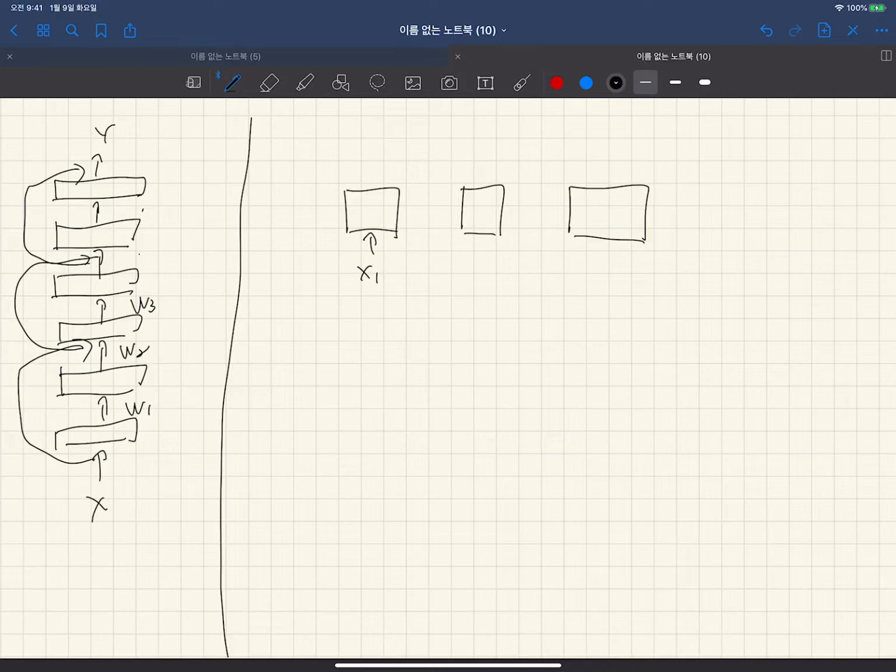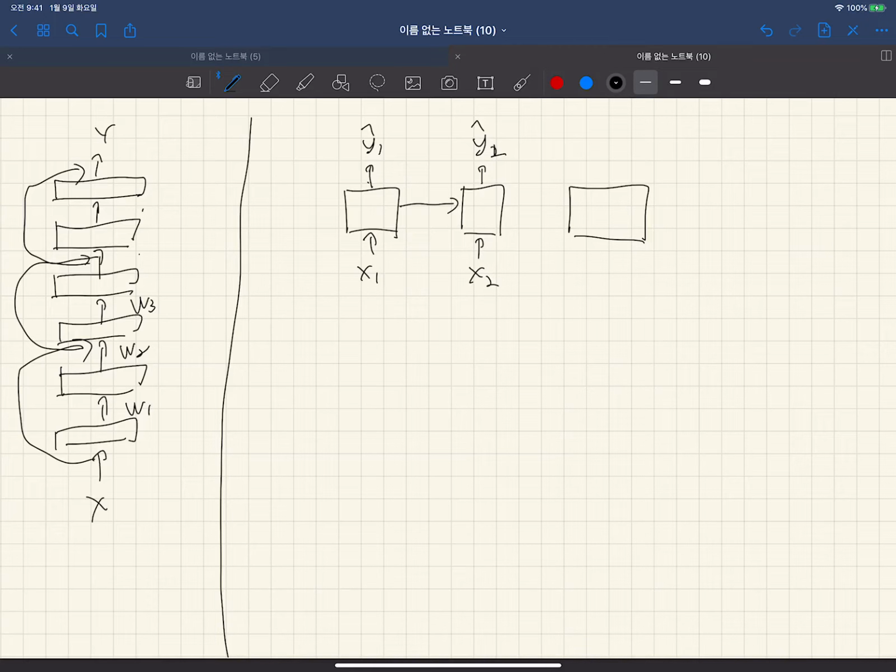There is x1 and you predict y1 hat, and use some hidden state of the first neural network and then go to the second one to predict y2 using x2 as well.